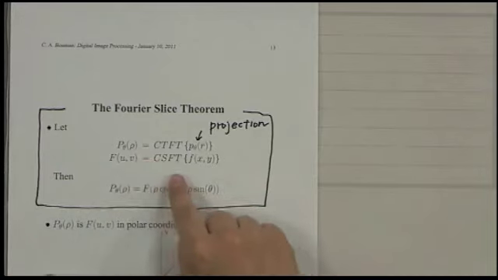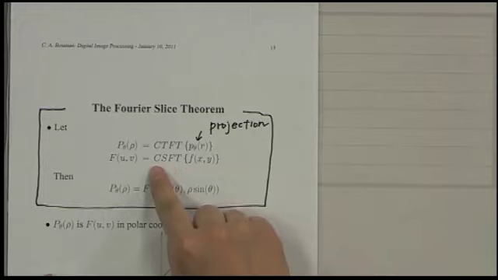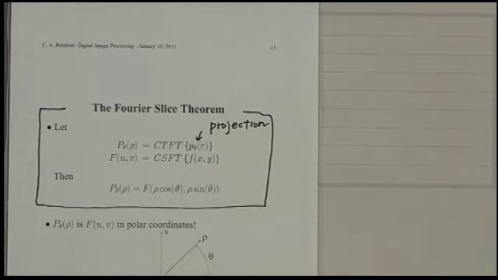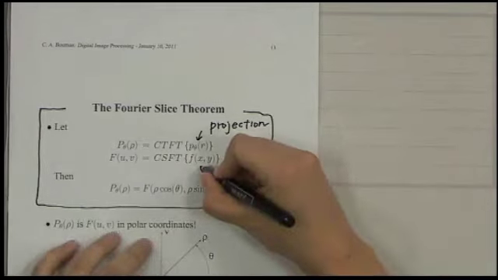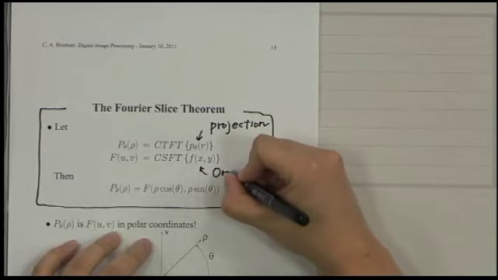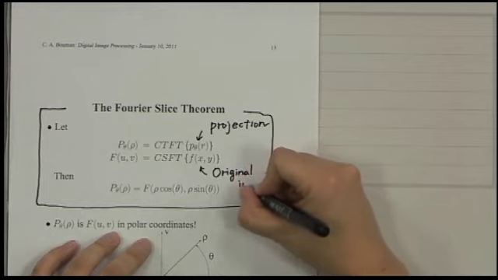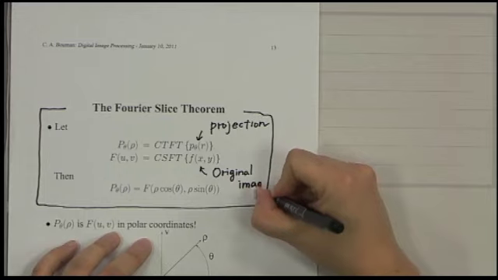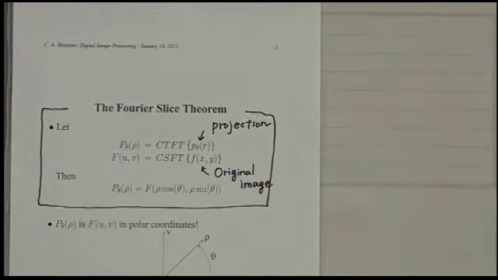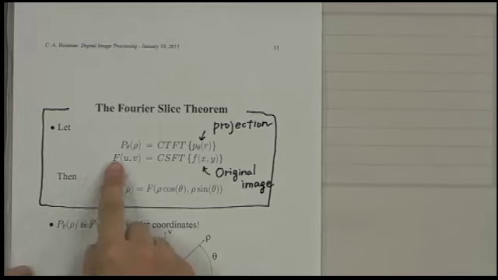Second, we take a 2D Fourier transform, the continuous space Fourier transform, of f x y, which is the original image. Then we define the 2D Fourier transform as capital F, F U V.